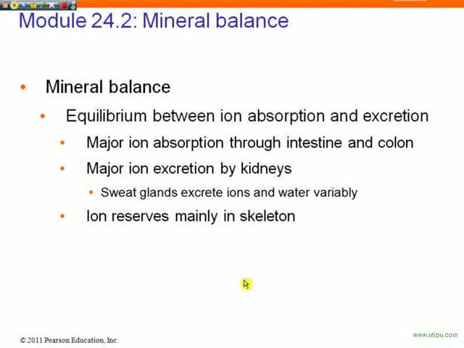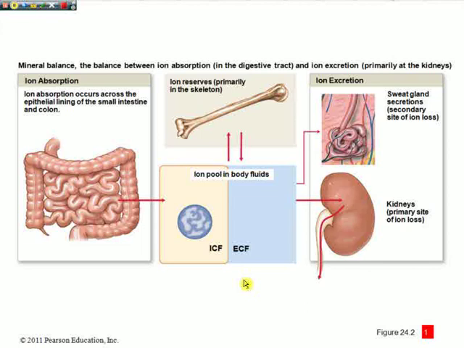There is major ion absorption in the gastrointestinal system and major ion excretion by the kidneys. Your sweat glands will excrete ions and water to a variable amount, but it is mostly excreted via the kidneys. Your skeleton maintains some ion reserves.